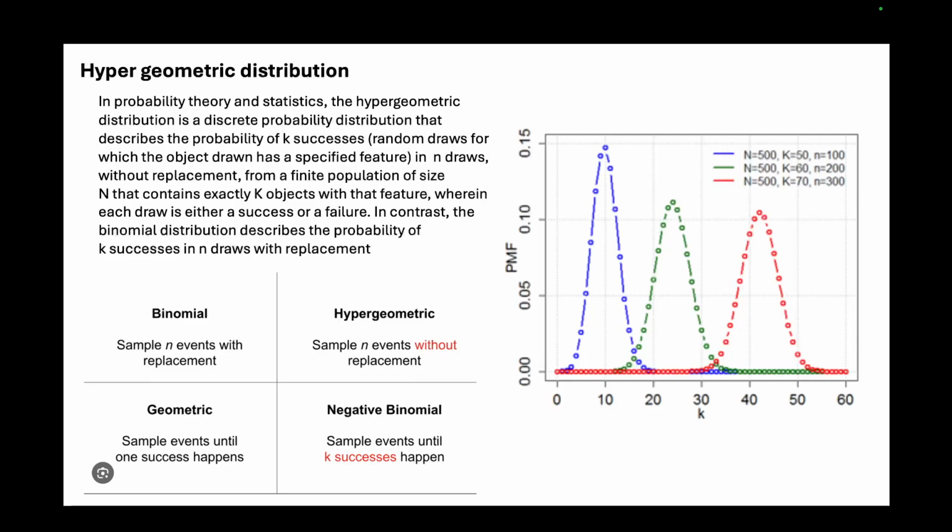So the hypergeometric distribution tells you the probability of k successes in n draws without replacement from a finite population, containing exactly this number of objects with that particular feature, wherein each draw is certainly a success or a failure.